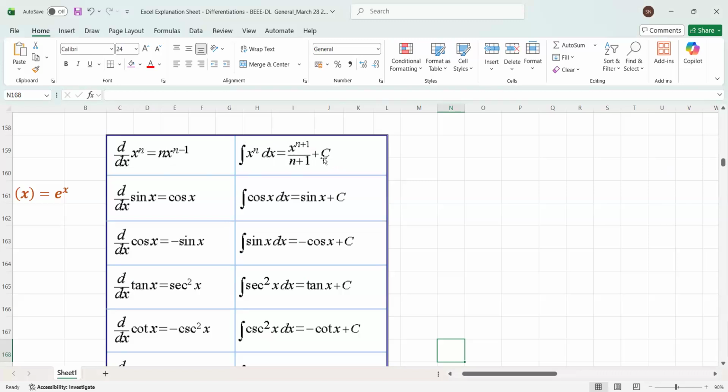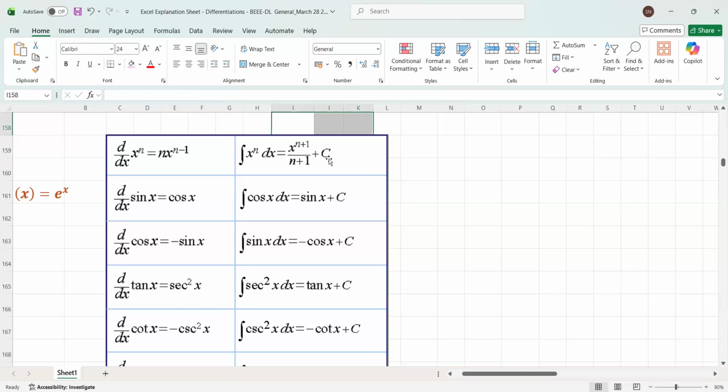Okay? So on the left are the differential functions, and on the right are the integral functions. So we've gone through the power rule and all that. To integrate, you let the power of the function be increased by 1 and divide by that increase. Then you add a constant.